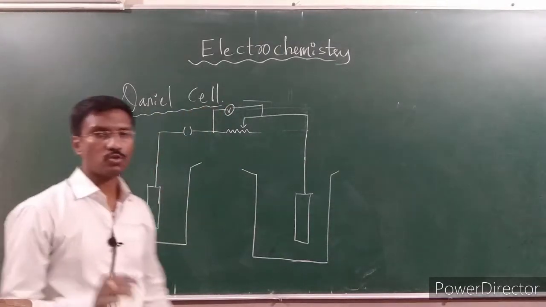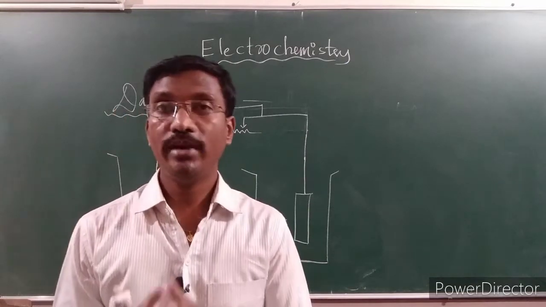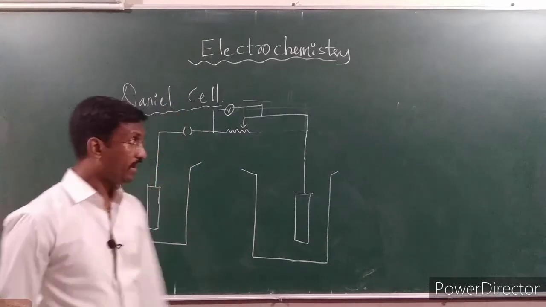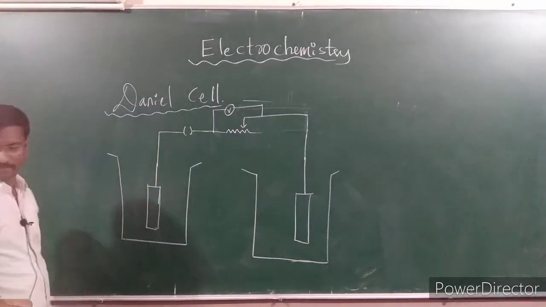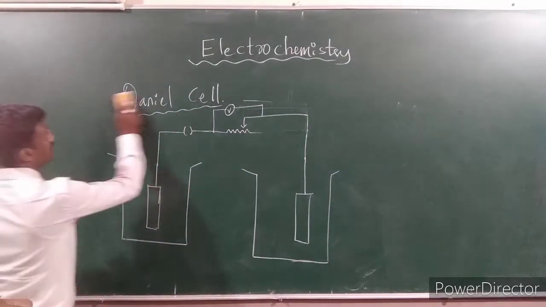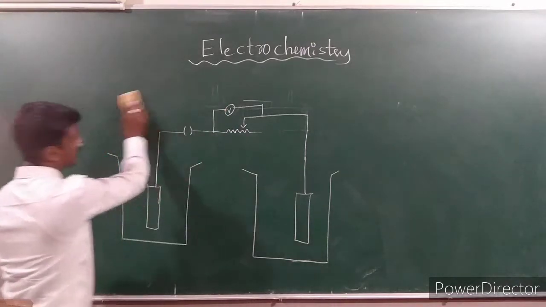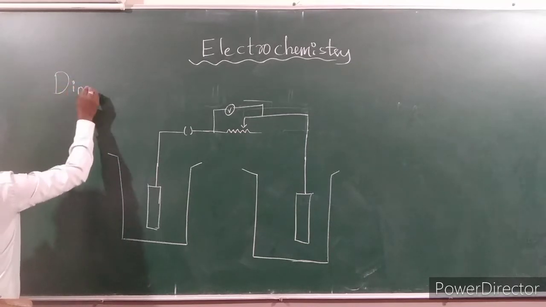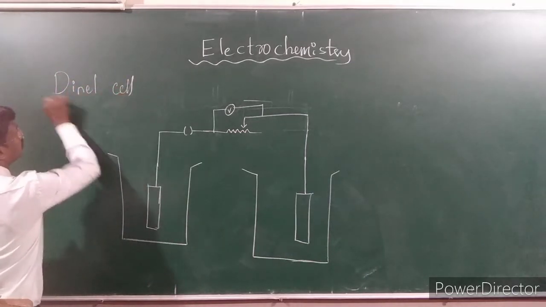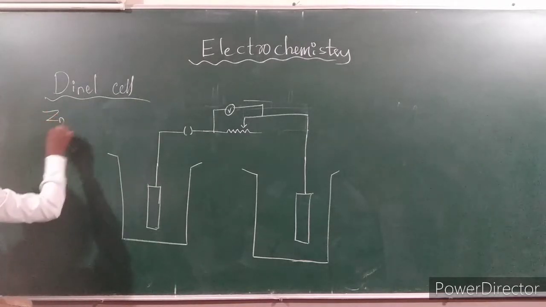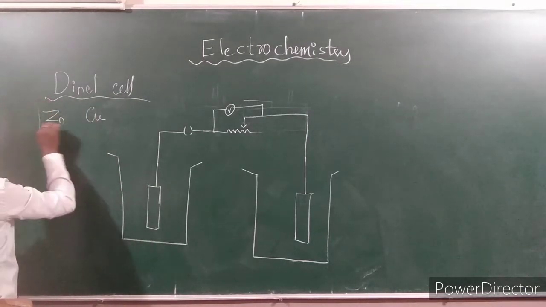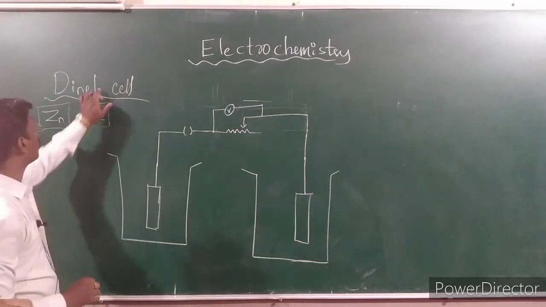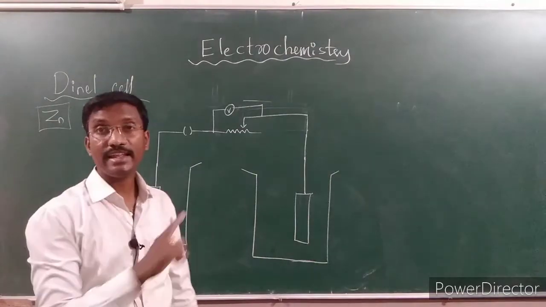The Daniell cell is also a kind of galvanic cell. When we arrange these cells, we take two electrodes: one is zinc, another one is copper. Only when we take copper and zinc do we call the galvanic cell a Daniell cell.